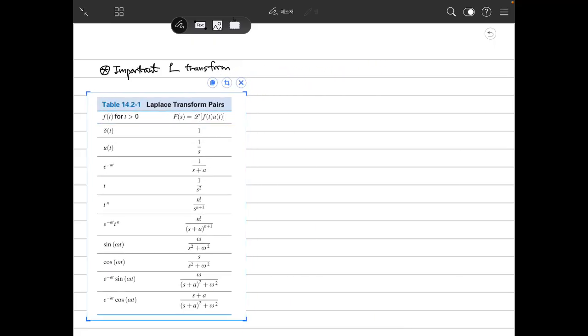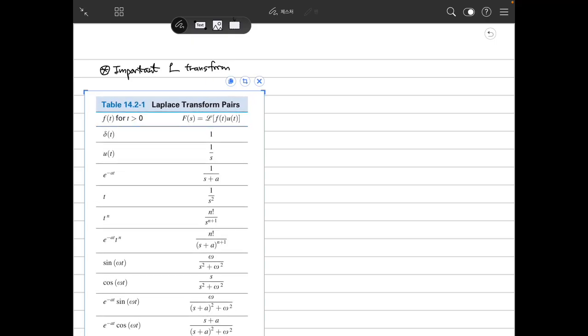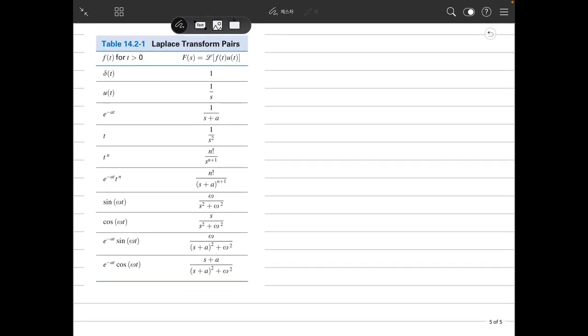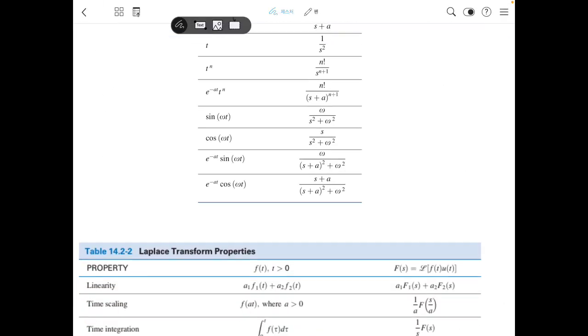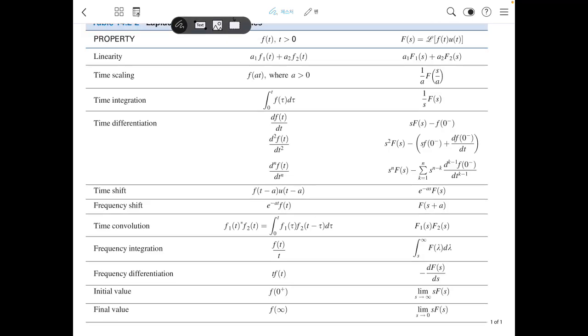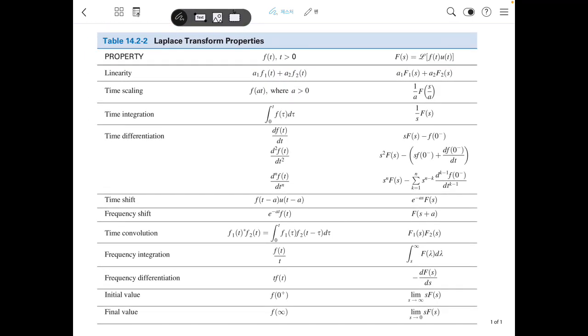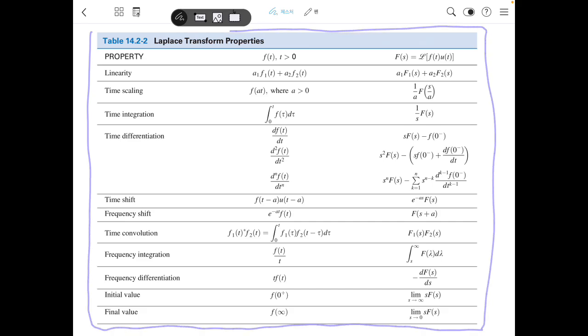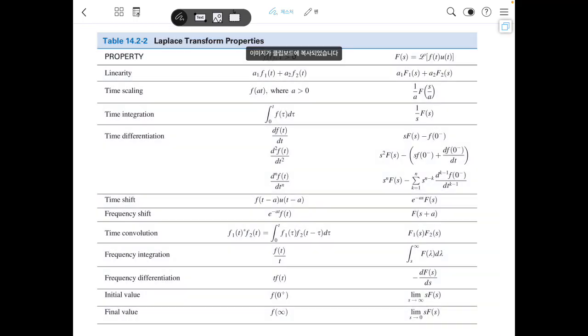This is quite important, and this one will be used a lot. You have one more thing here. We will not discuss that yet, but we'll do this later.